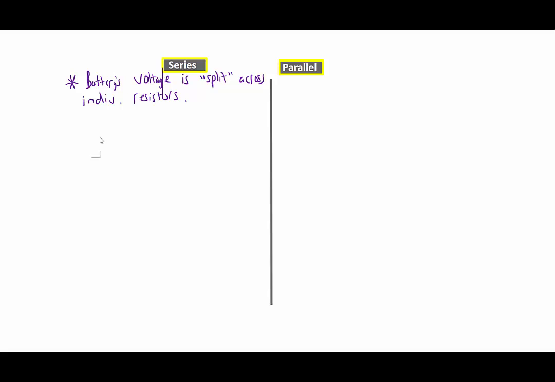What that looks like mathematically is that the change in voltage, I'm going to put absolute value, the potential difference of the first plus the potential difference of the second was always equal to the potential difference of the battery.